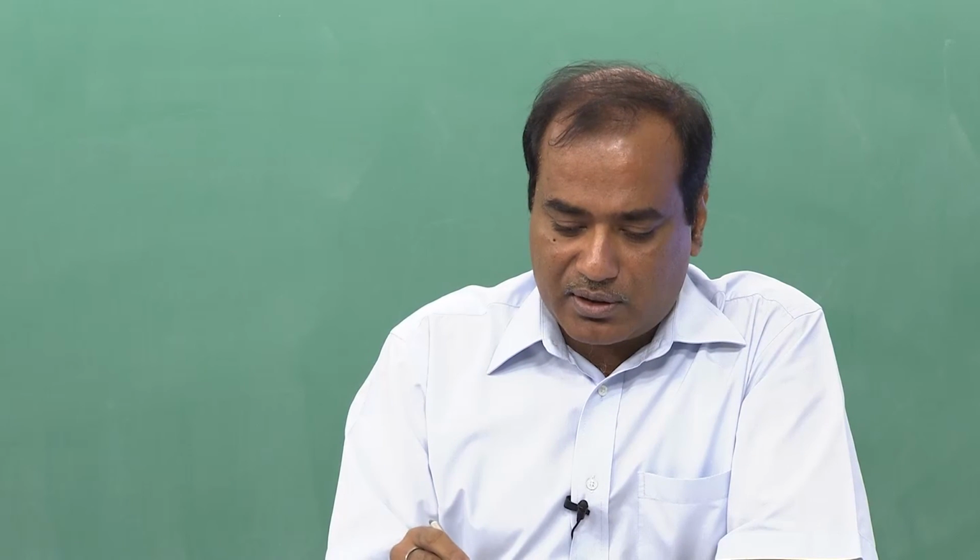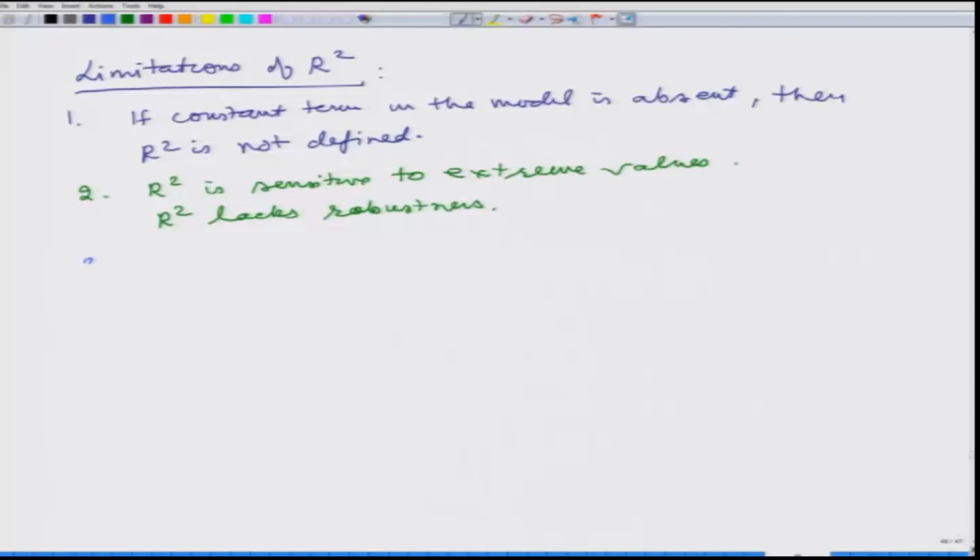And earlier we also discussed the third limitation, that R square increases as the number of explanatory variables increases.